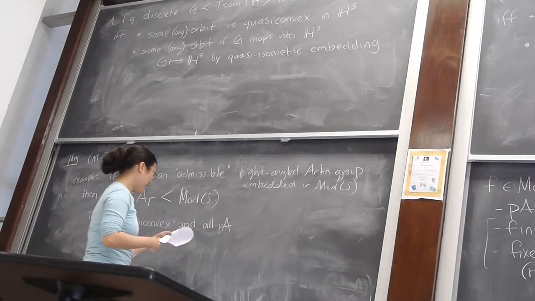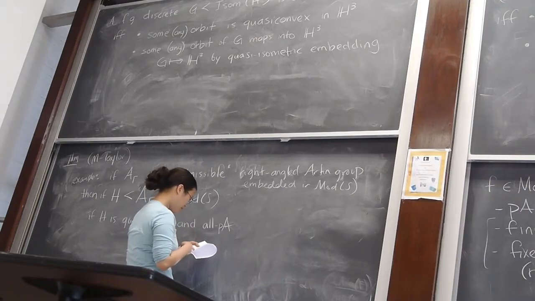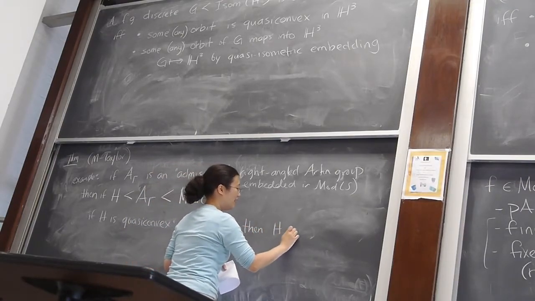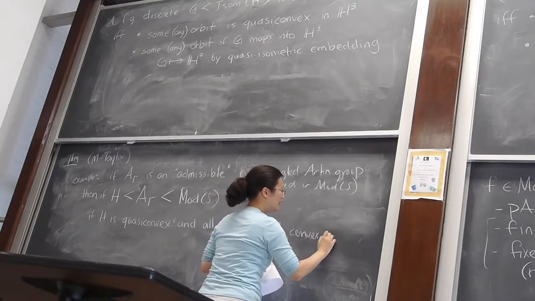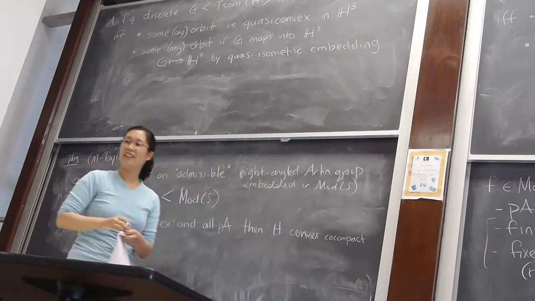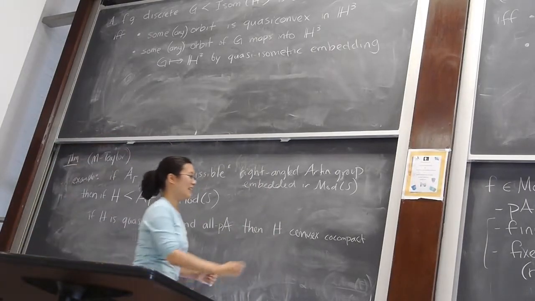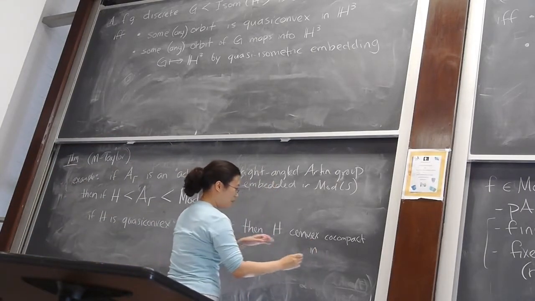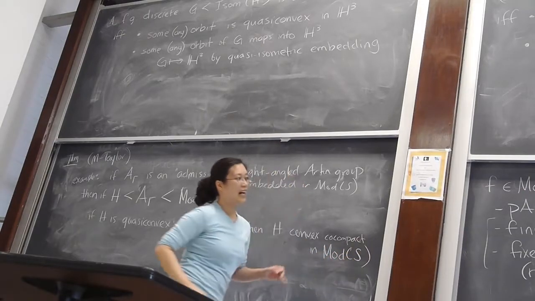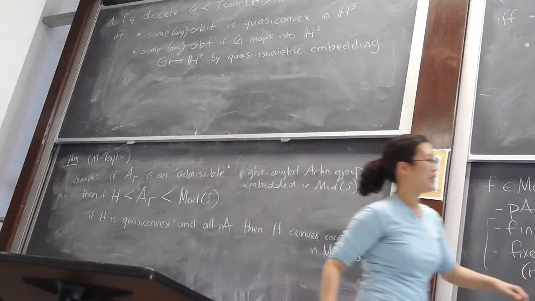I'm just writing it out roughly first. In mod, right? Yes. In this context, this is the only one that makes sense. There, I meant convex cocompact in the mapping class group, I hope I said.